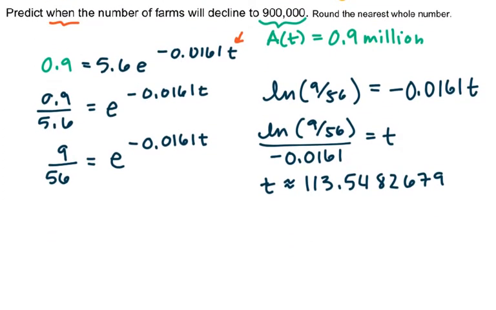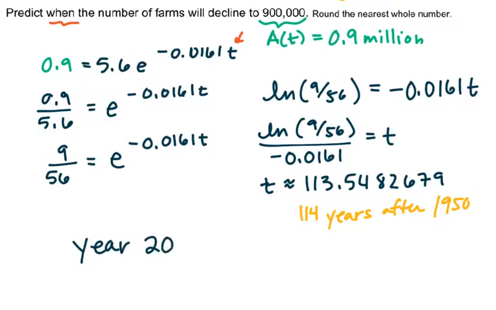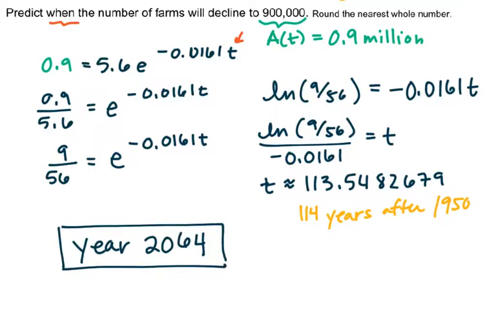So 114 years after our initial year, and the initial year was 1950. So if I add that to 1950, I get in the year 2064. So that is when we can predict, using this exponential decay model, that the number of farms will decline to 900,000 farms.